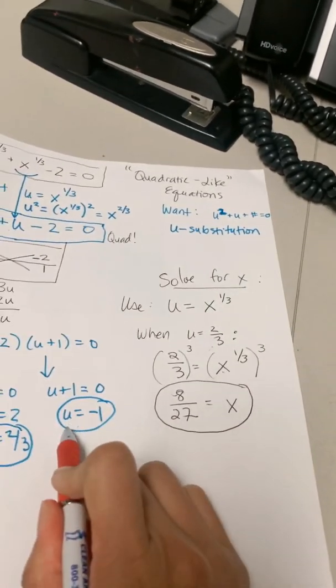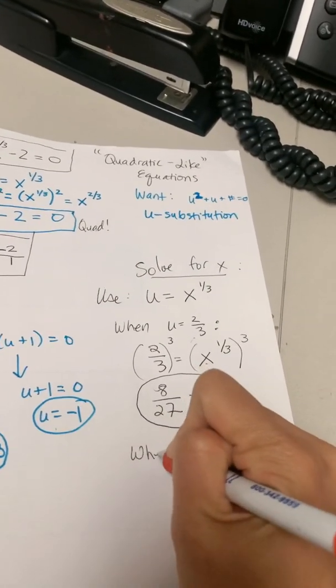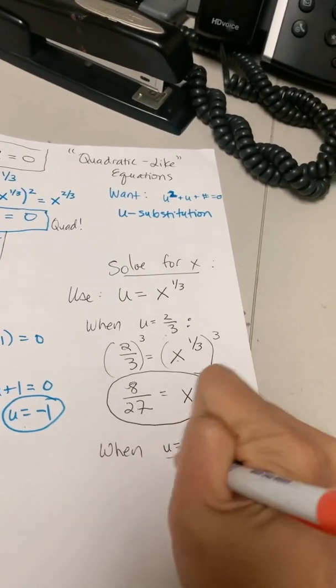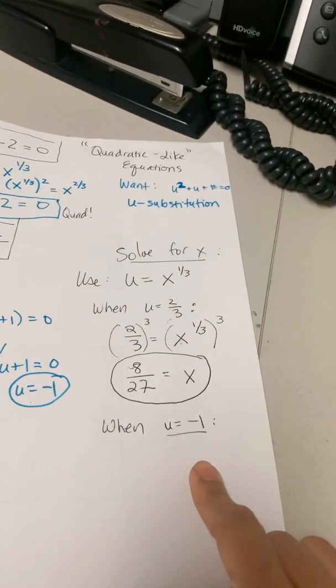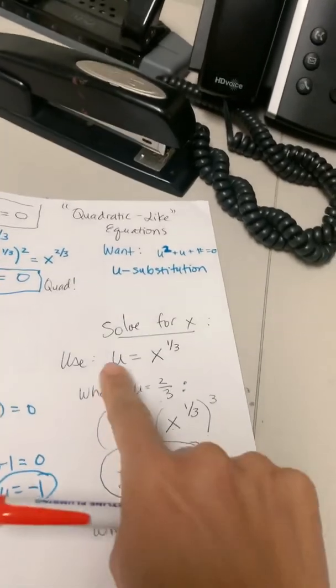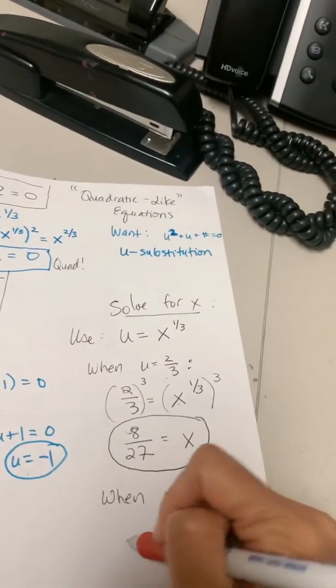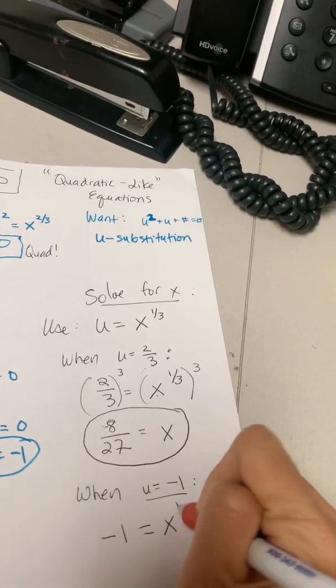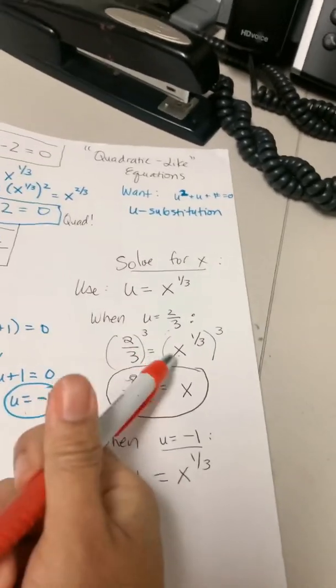Now, don't forget, when u is equal to -1, what do I get for x? I'm going to plug -1 back into this relationship. So I have -1 is equal to x to the 1/3. And I do what I just did up here.